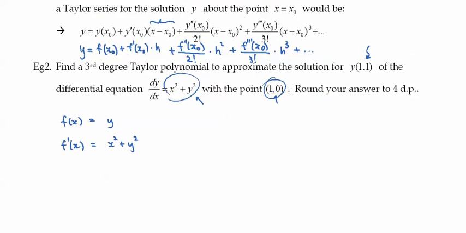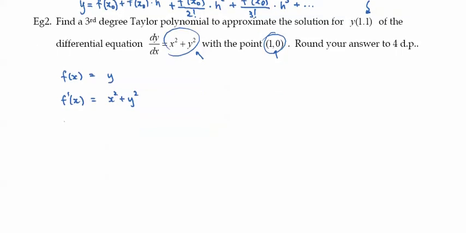And then the Taylor approximation involves y double prime and the triple prime as well. So coming back to this, I need to differentiate this function for the second time, and then differentiate it 3 times. And we are going to use chain rule or whatever it is to differentiate the function.